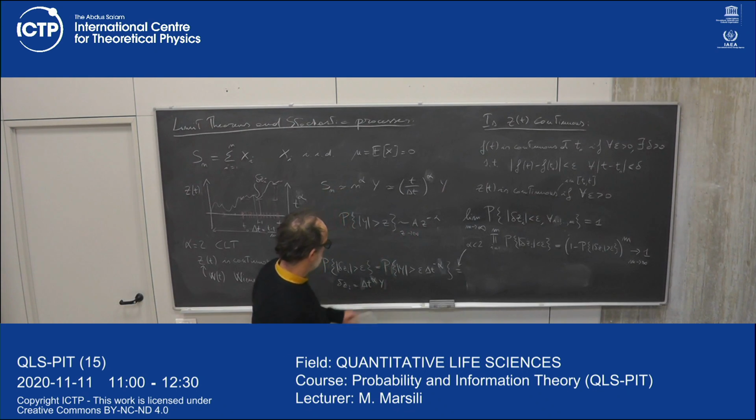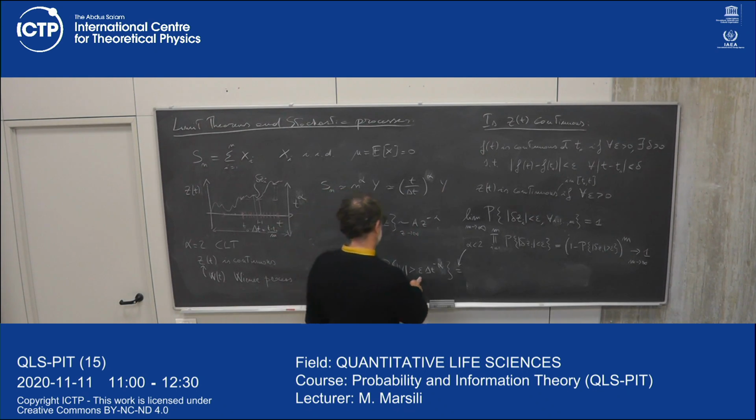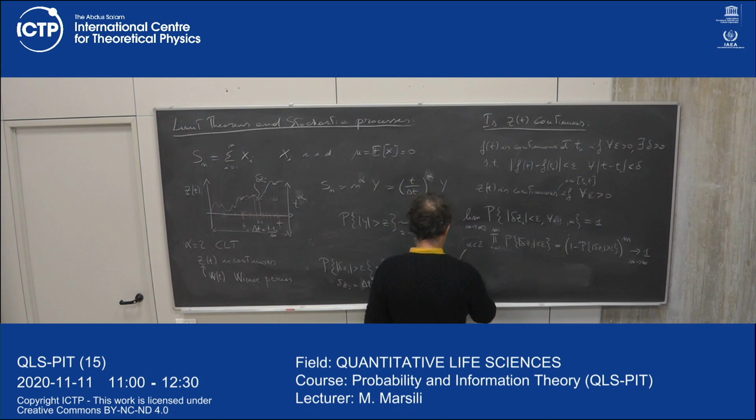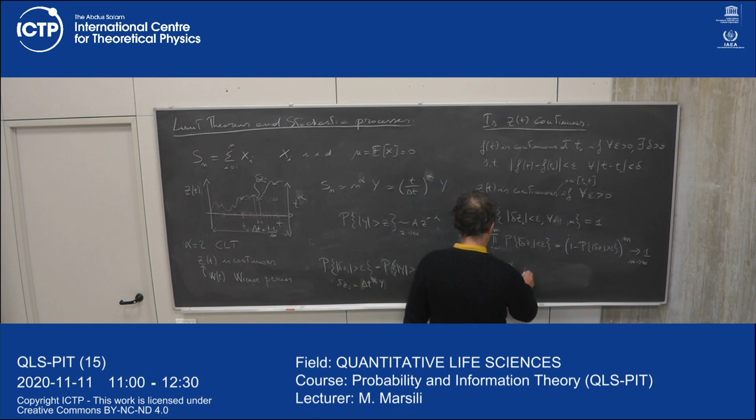So in this case, this will be of the order of a constant times epsilon over dt, to the power alpha. So it's essentially of the order of a constant times epsilon to the alpha divided by dt.